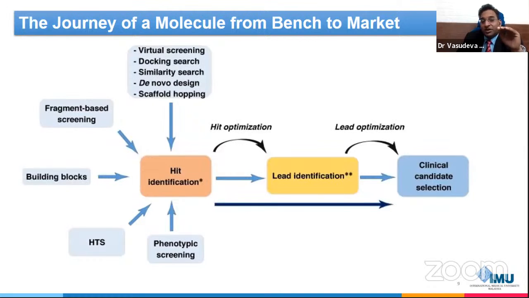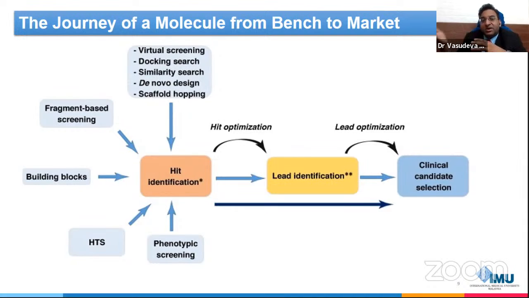And if this hit molecule has desirable properties associated with a drug-like molecule, it can be considered further as a lead molecule. And if the lead molecule has also satisfied the majority of the drug-like properties and exhibited some biological potency, this compound can be carried to the next stage, that is clinical trials. So it is a clinical candidate, and so on.